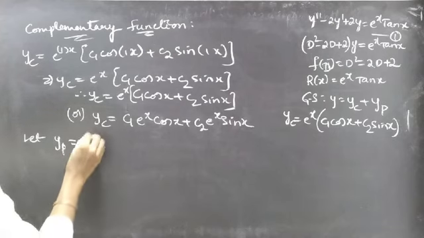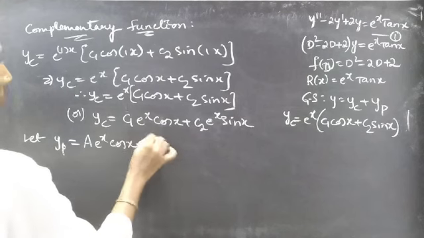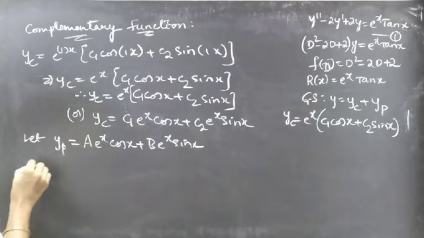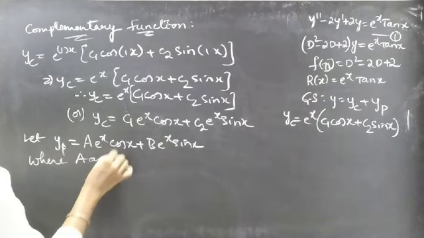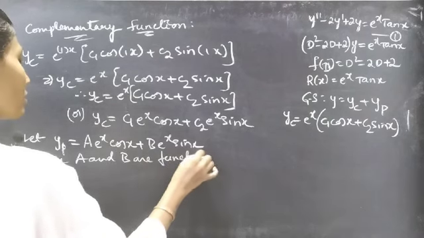Then we'll get yp equal to a e power x cos x plus b e power x sin x, where a and b are functions of x.